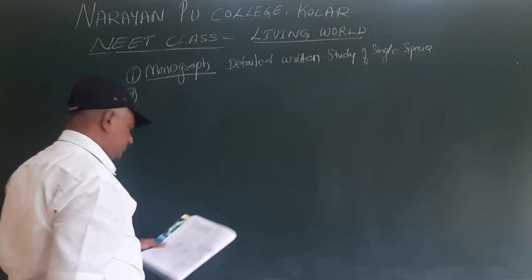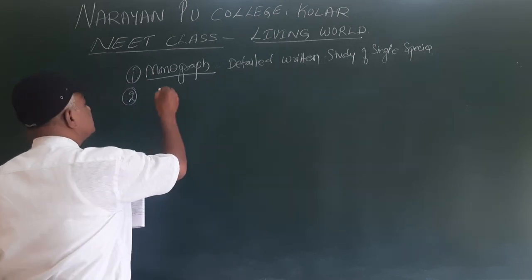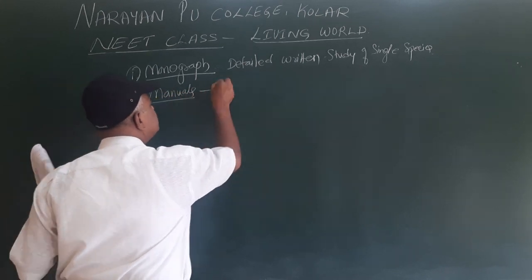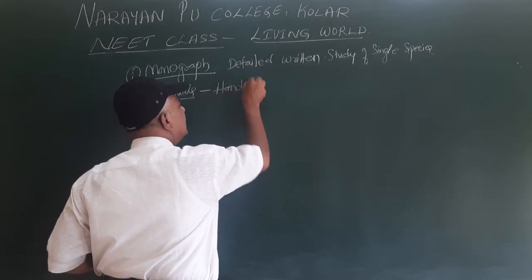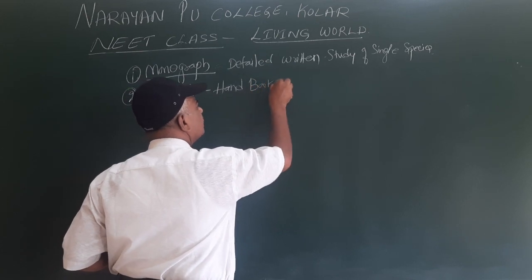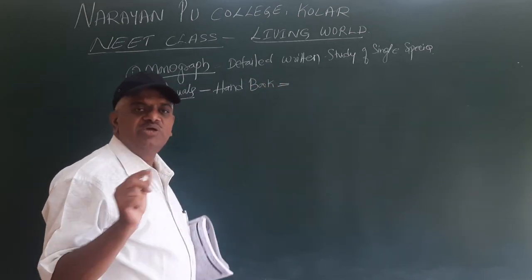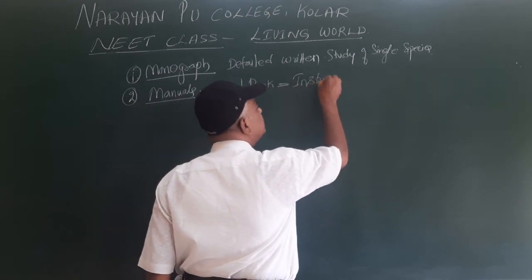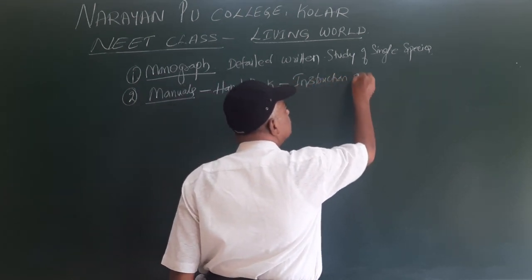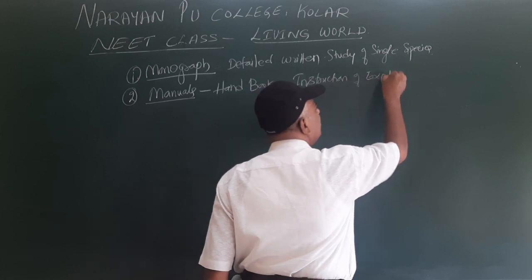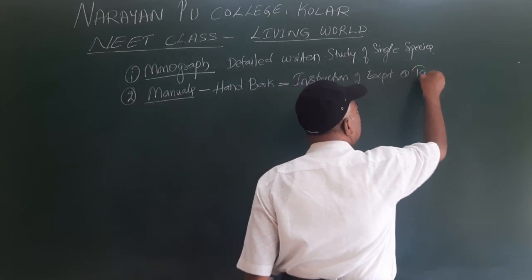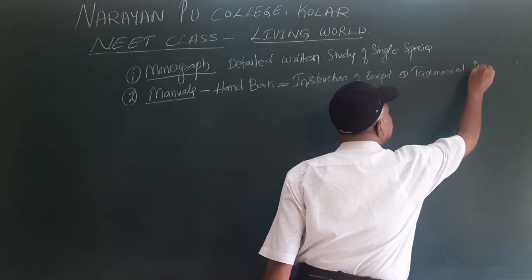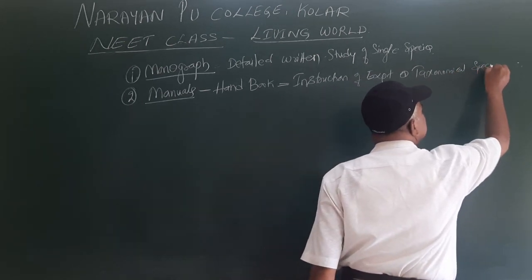So this is nothing but a handbook giving instructions of a particular experiment, or it is taxonomical species. Taxonomical species is called a manual.